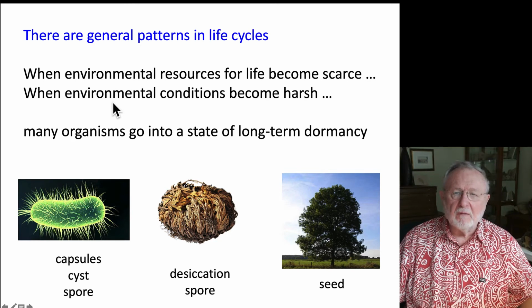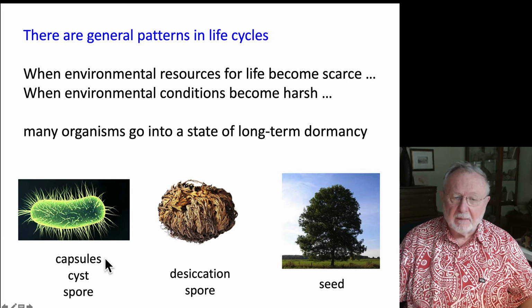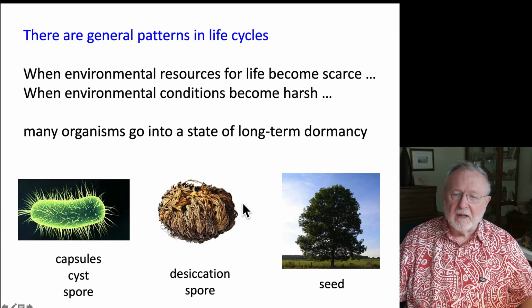When environmental resources become scarce, microbes, prokaryotes, develop a capsule or a cyst or a spore. We'll talk about each of those. The first land plants that came, the mosses, can also go through a desiccation stage, or we can see spore formation.